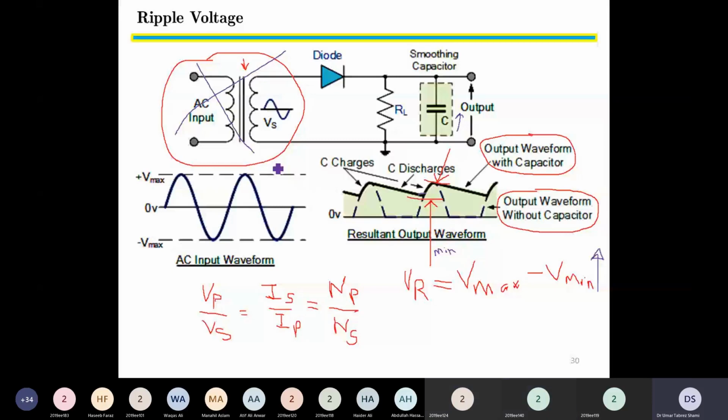If the capacitor value is very large, it can take longer times. Five time constants can take very long times. Just because we wanted to get a straight line, we have to pay a price: our RL remains on.